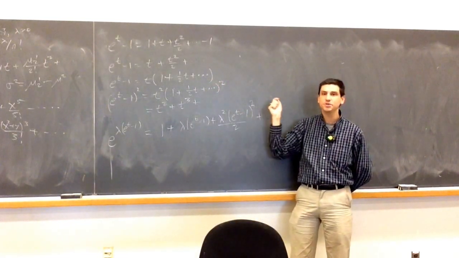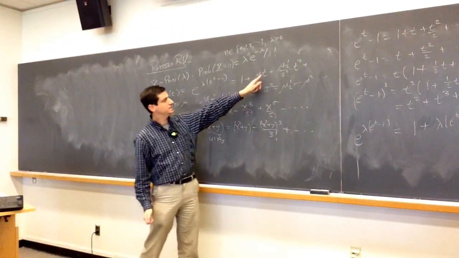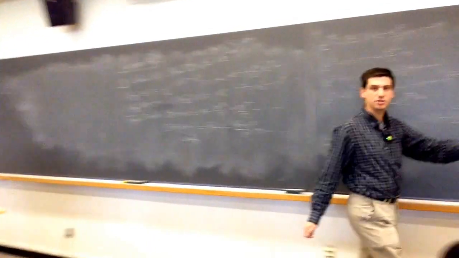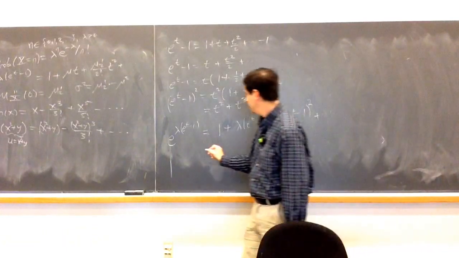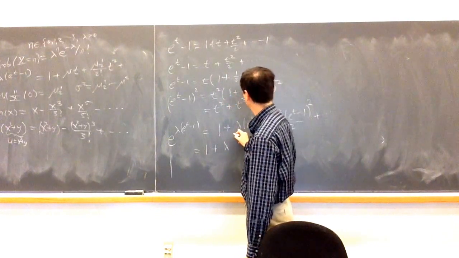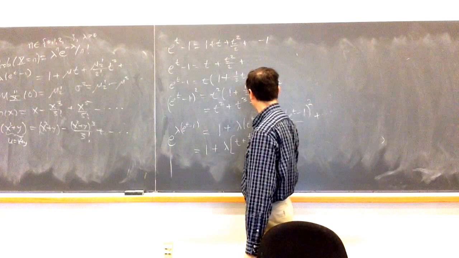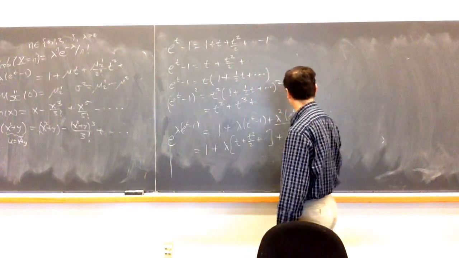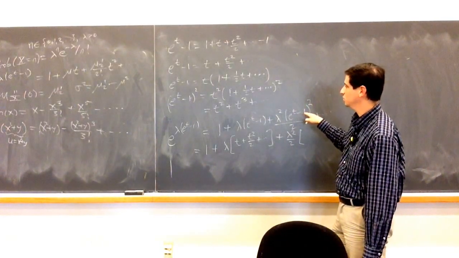If I only care about the first two terms, if I want to calculate the first two moments, all I have to do is get the t and the t squared term. Do I need to worry about the next term over here? No. I can stop. So this is just going to be 1 plus lambda times (e^t - 1), which is t plus t squared over 2 plus dot dot dot. The next term is lambda squared over 2. And what's the only term I need to keep from (e^t - 1) squared?